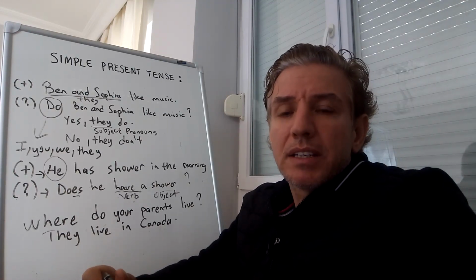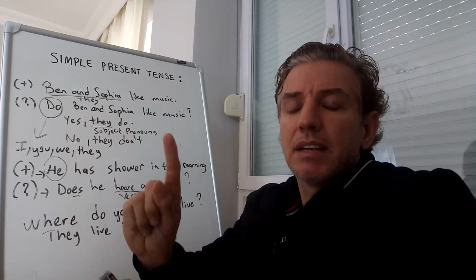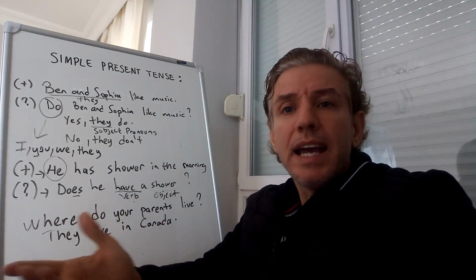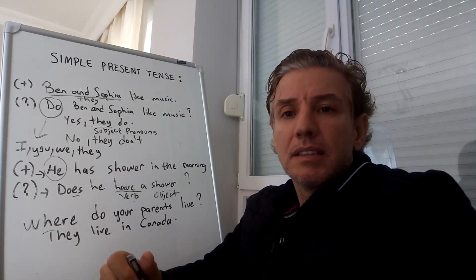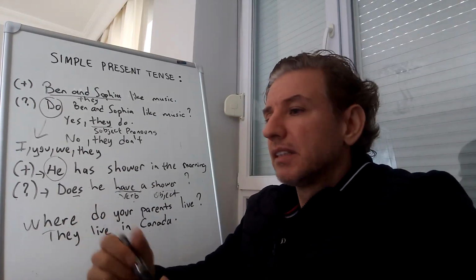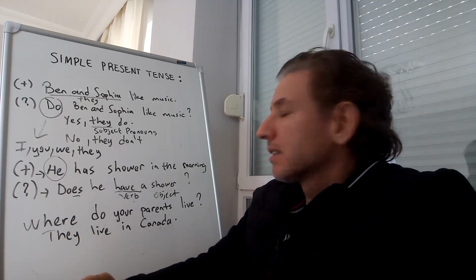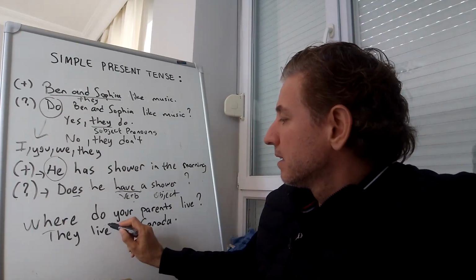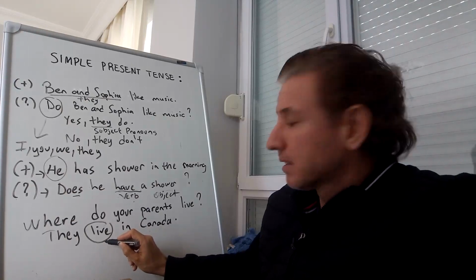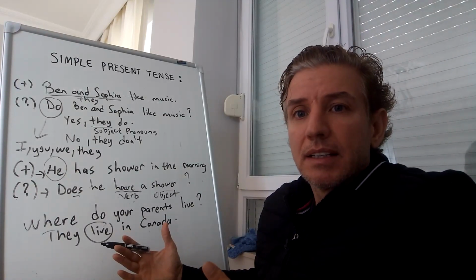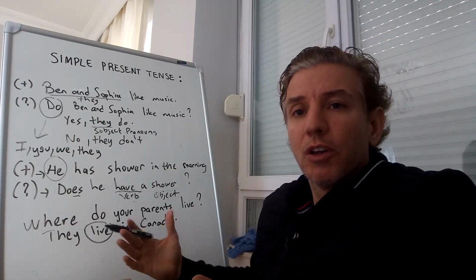Once a week, twice a week, three times a week, daily. This is information. Daily. What does this word mean? For example, live. What does this word mean? It means living, staying in the same place for a long time, okay?